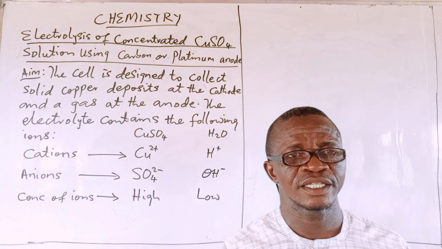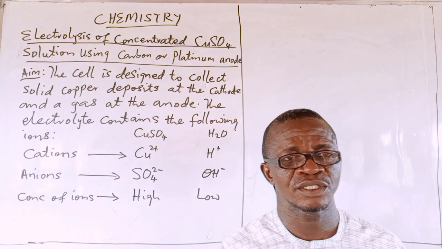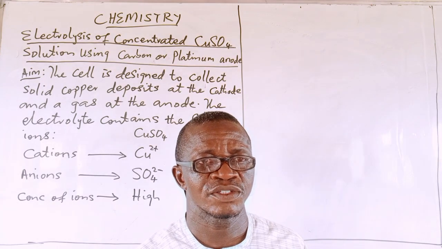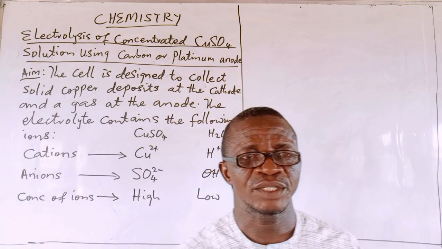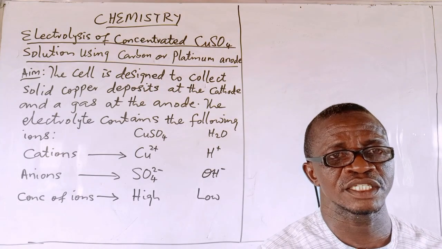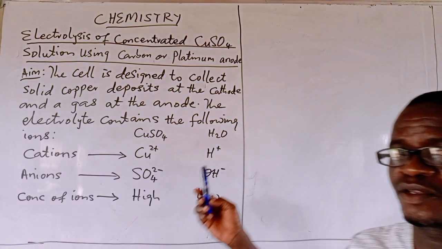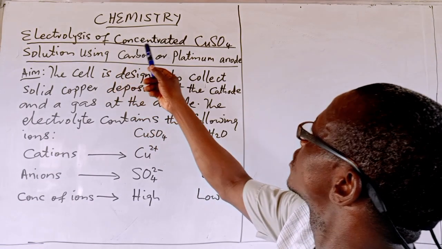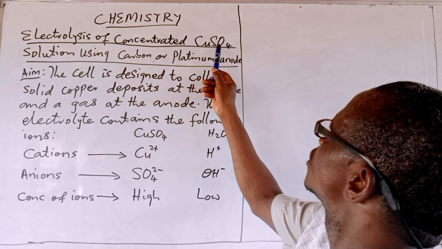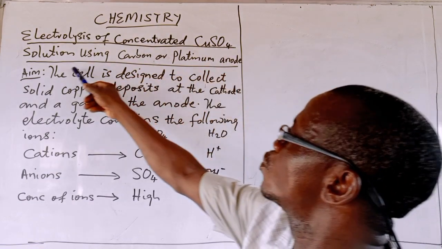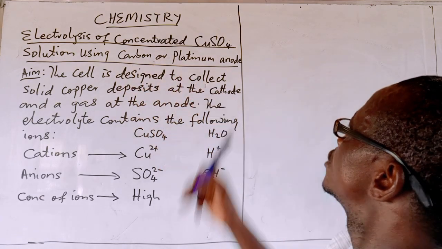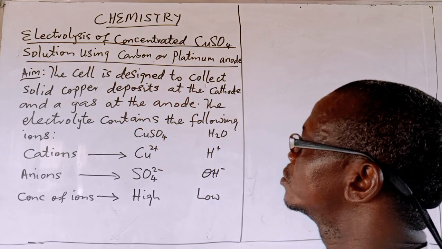Our lesson today, I want to start with electrolysis of concentrated copper 2 tetraoxosulfate 6, as it is written clearly. Electrolysis of concentrated copper 2 tetraoxosulfate 6 solution using carbon or platinum anode.